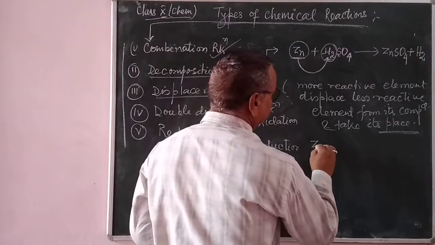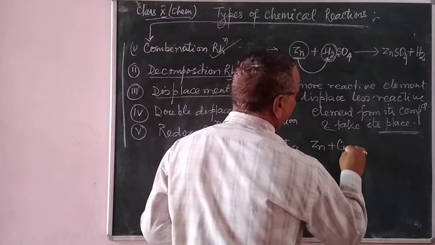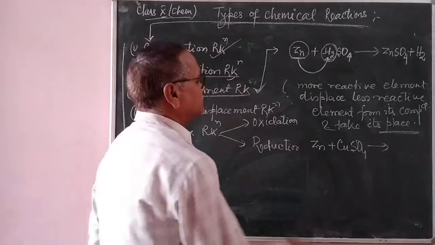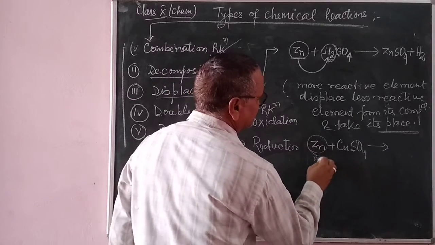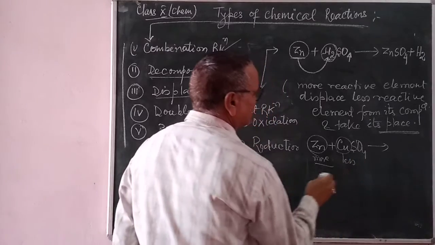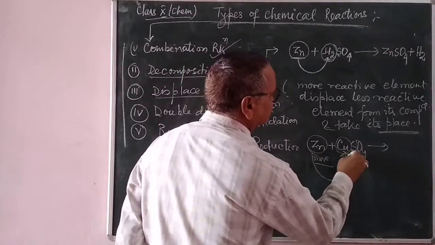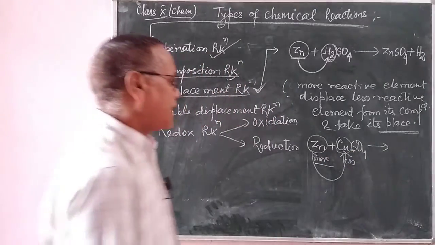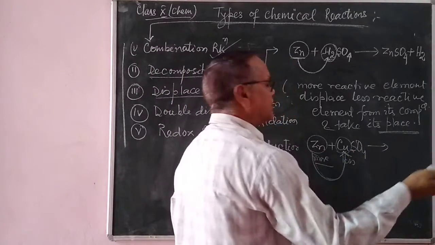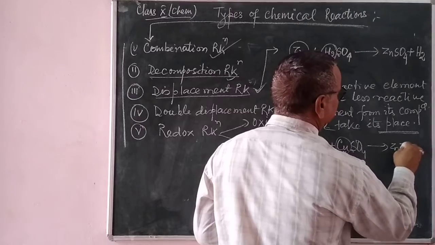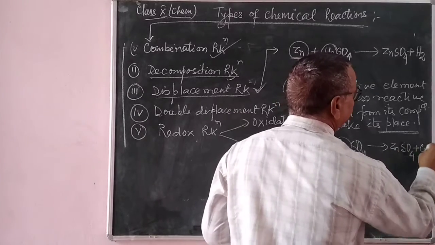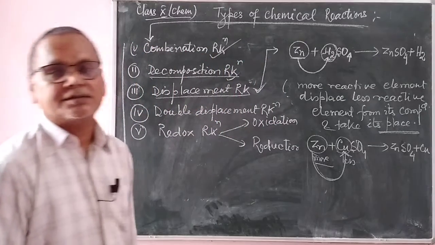For example, suppose zinc plus copper sulfate. In the reactivity series, we observe that zinc is more reactive and copper is less reactive. So zinc displaces copper from its place, zinc occupies the place of copper and copper is removed. So it will form zinc sulfate and copper that is removed from its place.